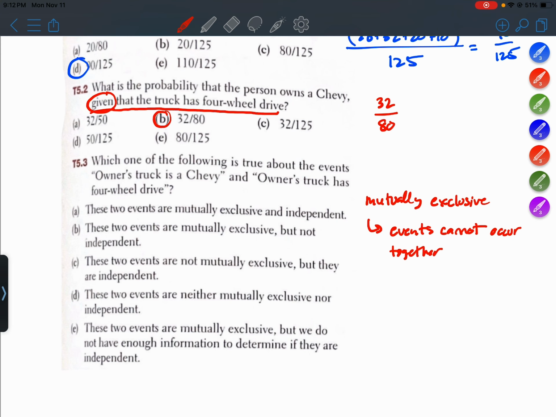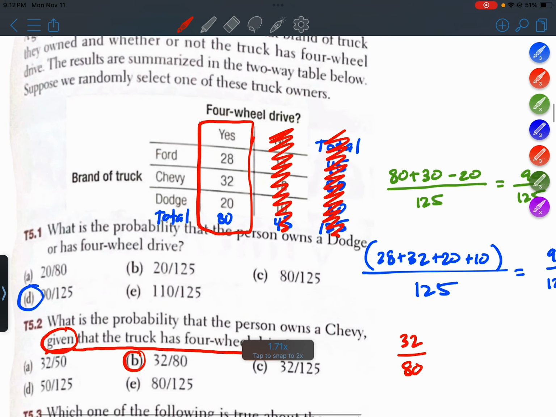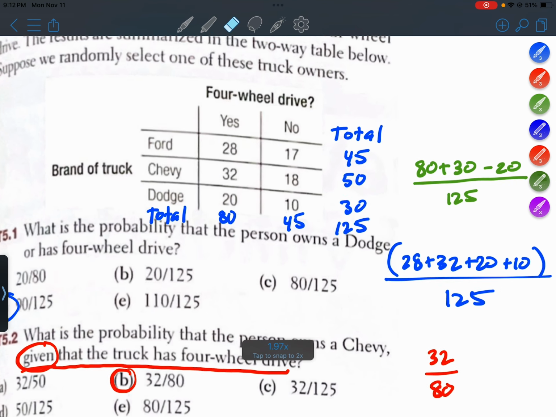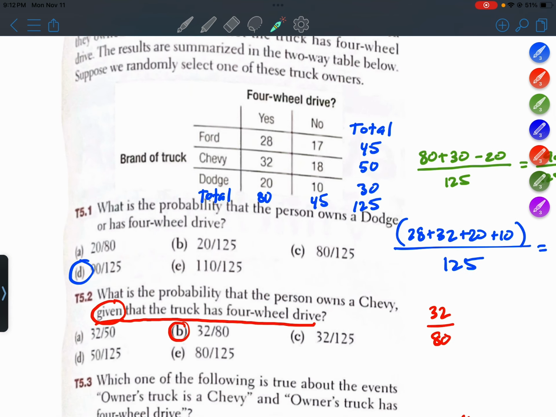Now we know that's not true because there are people in this two-way table that own both a Chevy and have four-wheel drive. If this cell had been a 0, then we could say that the events are mutually exclusive, since nobody would have a Chevy and four-wheel drive. But it's not 0, it's 32, which means these events can occur together.